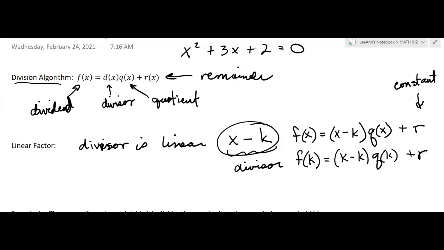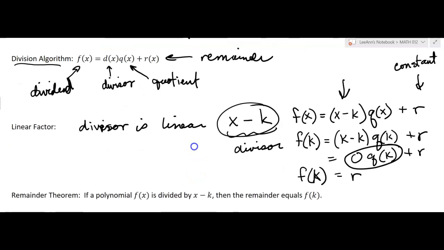Well, what's k minus k? 0. So that's just all going to be 0 times q of k, and so we just get r. So what we're saying is if you want to evaluate a function at some k value, you can do it by dividing by the linear factor x minus k, and then it's going to equal that remainder. That is the theory, okay?